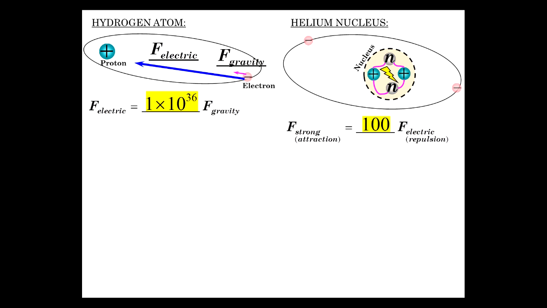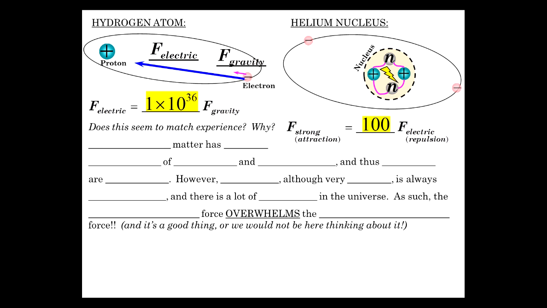So that's all fine to conceptually understand, but this is the really mysterious one. Let's consider that a little more. Does it seem to match your experience that the electric force is a trillion times stronger than gravity? Well, that force, as an example, would be like rubbing a balloon on your head and sticking it on the wall. And you realize that the electric force does have some visual effects on our surrounding environment.